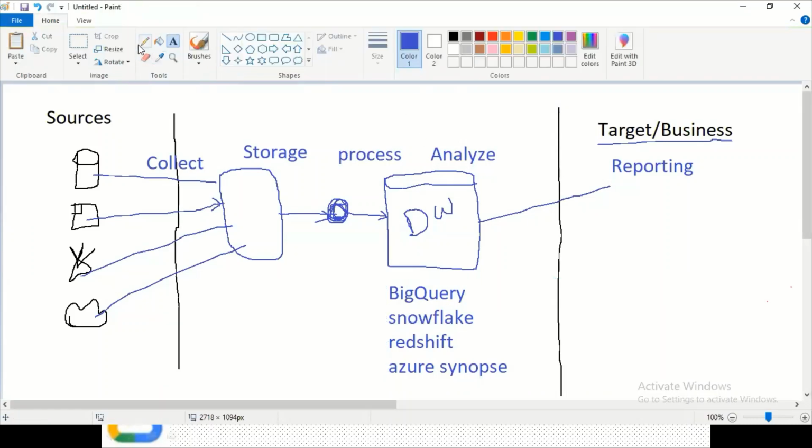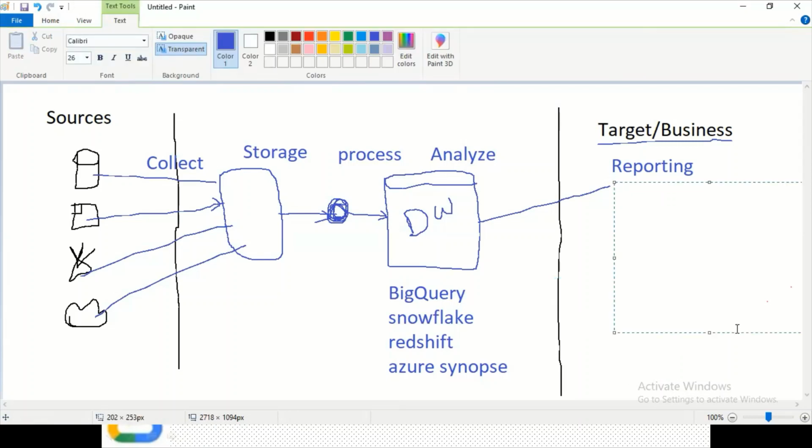Then reporting people, and not only reporting people. Who else? Machine learning, data science, ML, or all the AI, simply artificial intelligence people. And dashboards, Tableau will come here in reporting. All will come in reporting and dashboards.